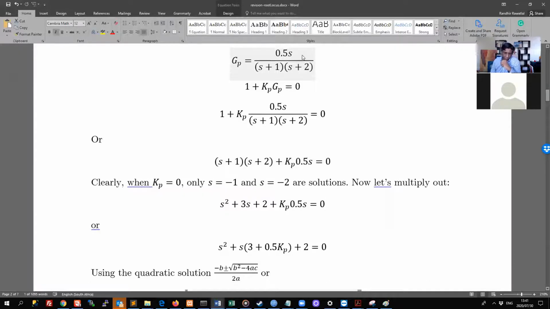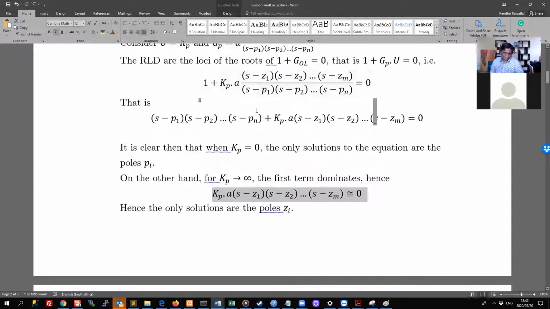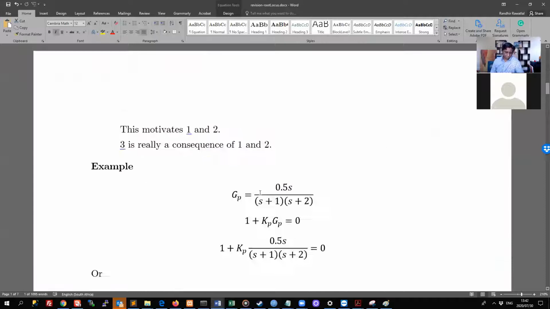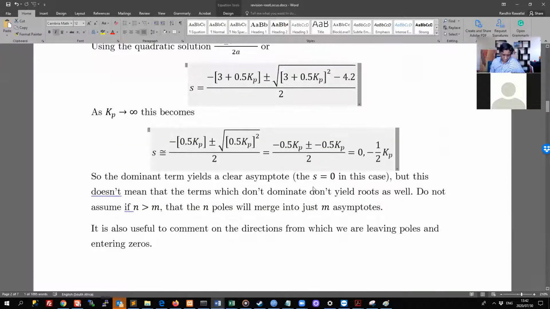So one of the zeros is 0 there, and that leaves us with one left over, sort of undetermined root. We can imagine if s starts at -1, maybe that -1 is going to go back to 0. Then we don't know what that -2 is going to do. We don't know where that line is going to go. So we need to work that out using the center of gravity approach. So let's do that.